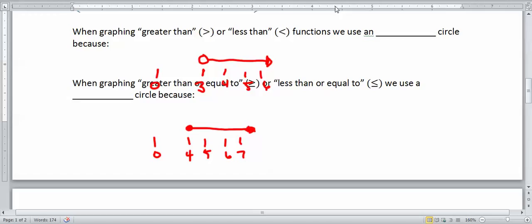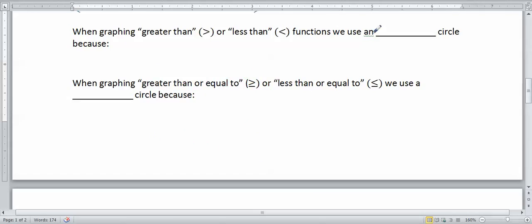So when graphing a greater than or less than, we use an open circle. And the reason for that is that solution is not included in the answer. So keyword, not included.